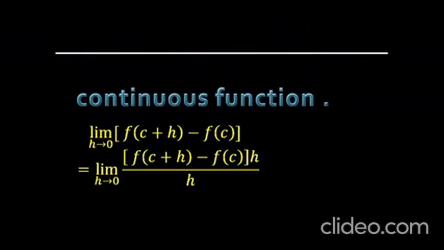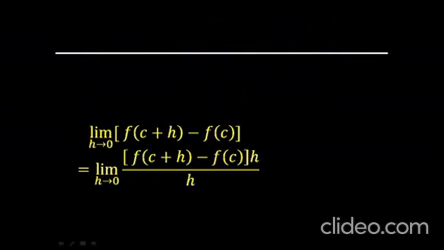Then it is multiplied with h, and the value of h becomes 0 because it is given that h tends to 0. So we get the limit h tends to 0 of f(c plus h) minus f(c) is equal to 0.